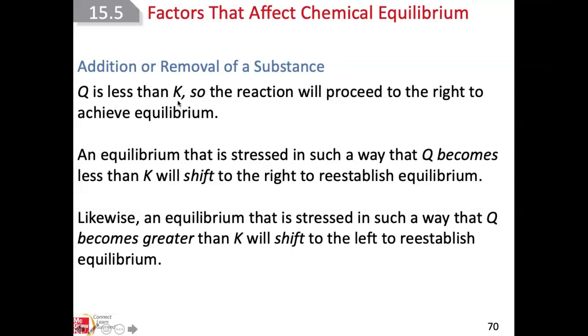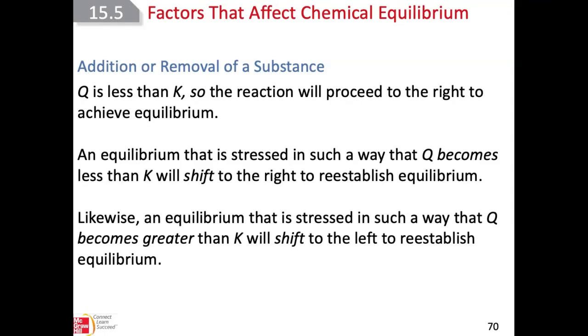Q is less than K, so the reaction will proceed to the right to achieve the equilibrium. An equilibrium that is stressed in such a way that Q becomes less than K will shift to the right to reestablish the equilibrium.